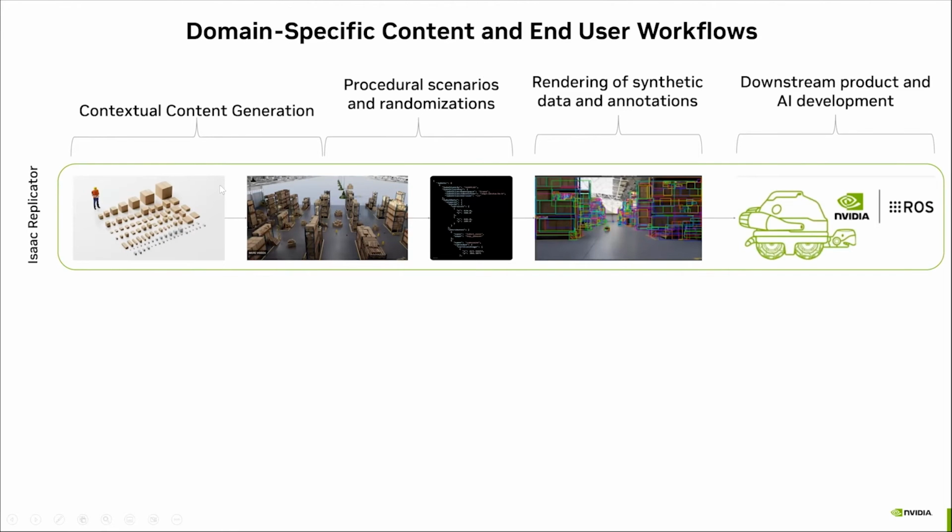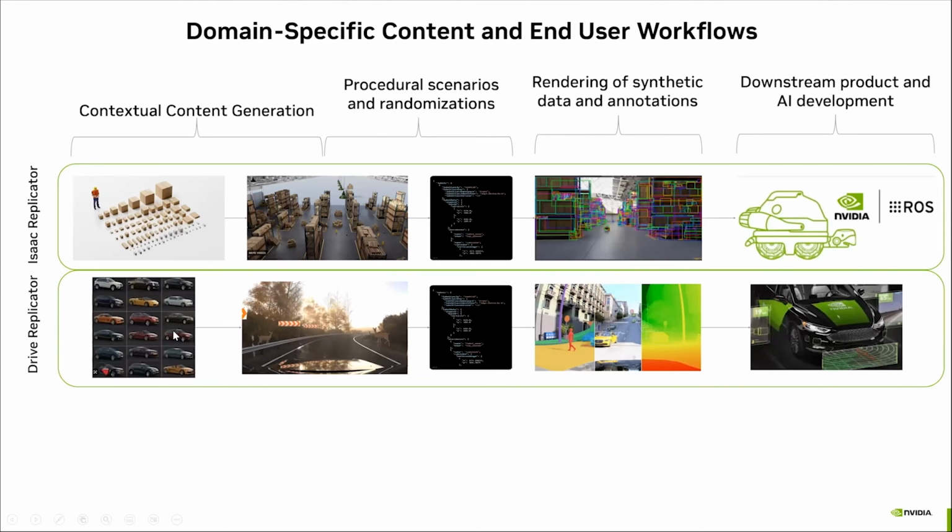Here within Omniverse, you'll get access to assets like these for making a warehouse, and then you can procedurally generate data for that warehouse, and hopefully that will be useful to you to deploy a robot in a real warehouse.